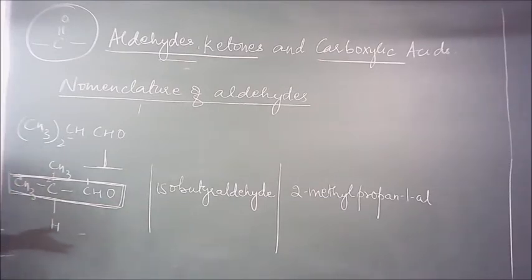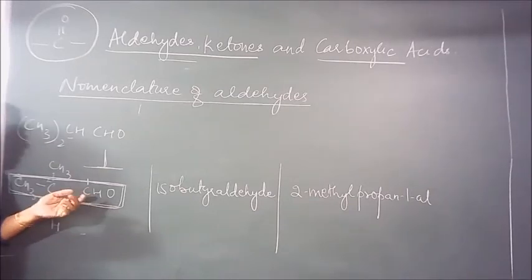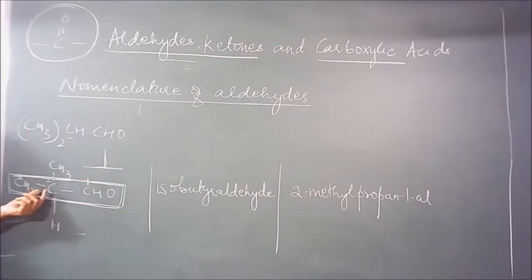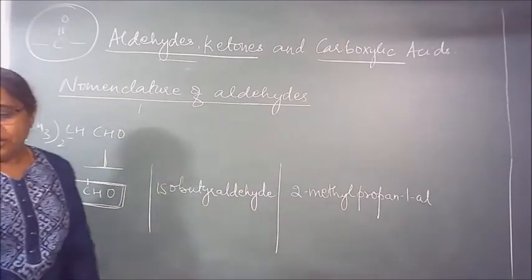If I still want to write common names with alpha and beta, this is my first carbon, the functional group, so I write alpha-methylpropionaldehyde, or I can even write isobutyraldehyde.